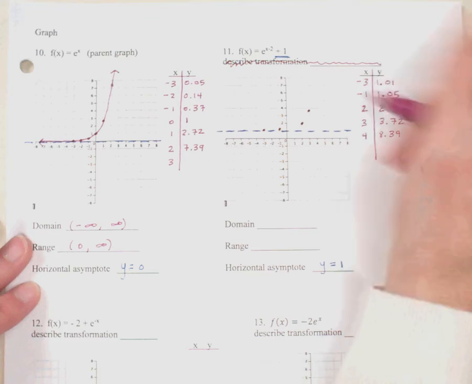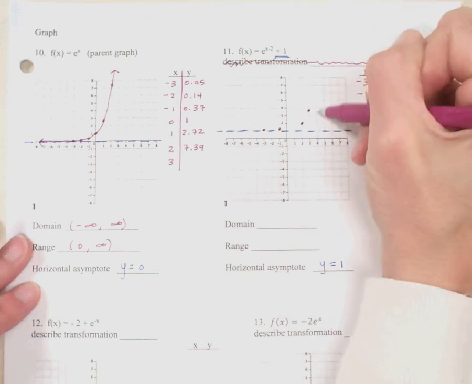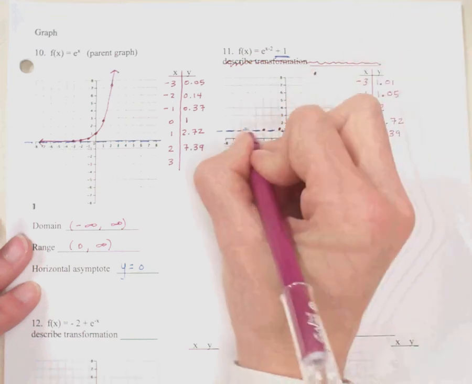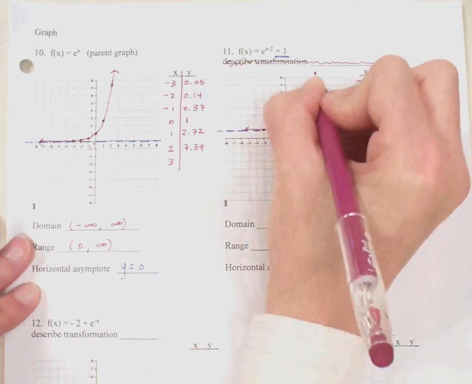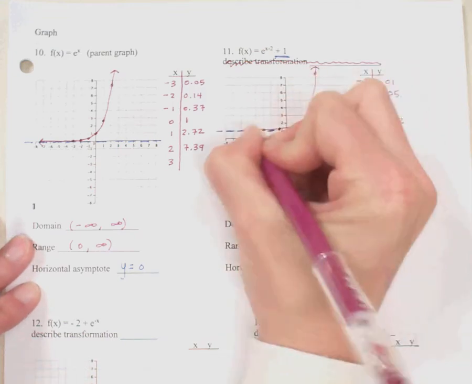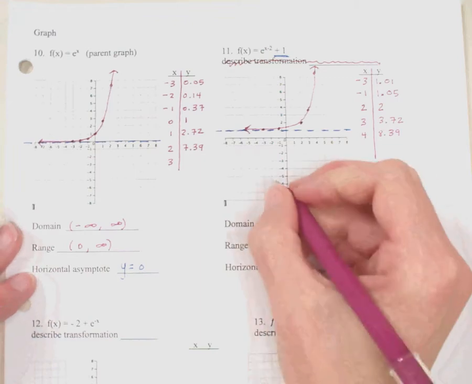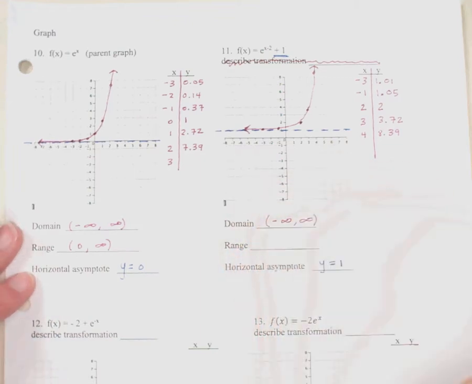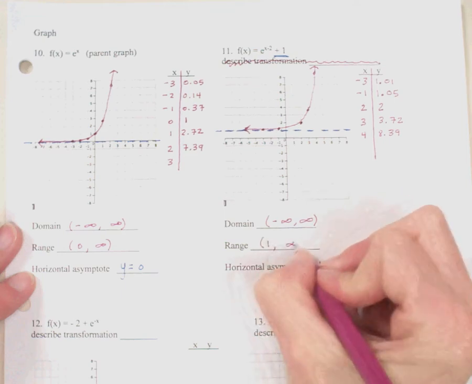I have 4, 8.39. And I can see my curve still represents exponential growth. Okay. My domain is all real numbers, so -infinity to +infinity, and my range goes from the asymptote 1 to infinity.